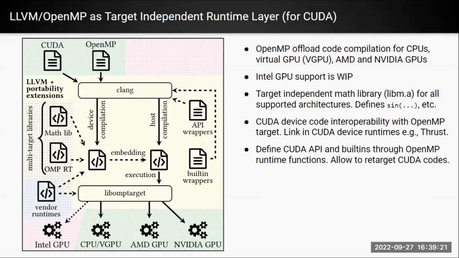OpenMP is portable, right? Why is CUDA not portable? I mean, right now, if you take a CUDA compiler, they will tell you, oh, you can compile this for NVIDIA devices. So what is missing to make CUDA portable? One is the CUDA API, which is only implemented to work with NVIDIA devices, like cudaMemcpy, cudaMalloc, all of those things.